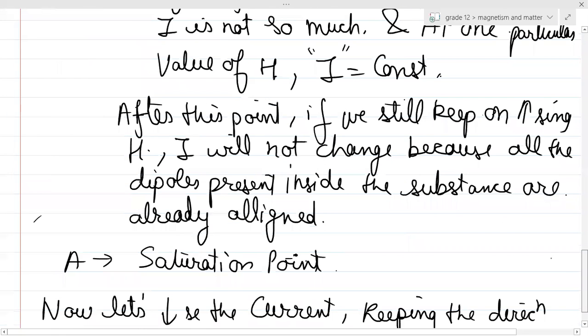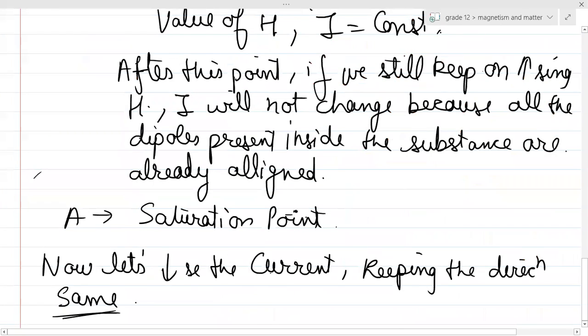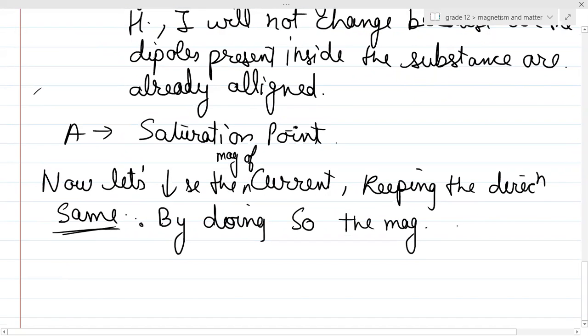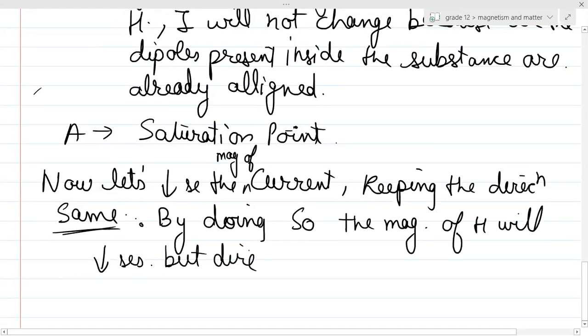So basically, what am I doing now? I'm decreasing the magnitude of current, keeping the direction same. By doing so, what will happen? The magnitude of H will decrease, but direction will remain same.